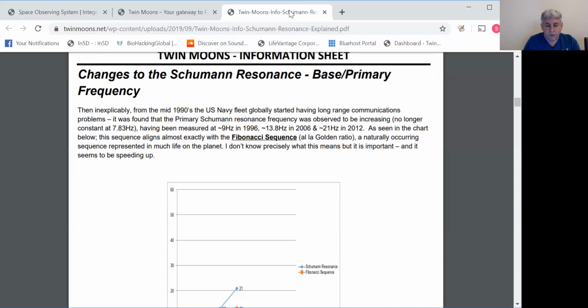But what was being detected with these variations in the Schumann primary frequency was that peaks of 9 hertz were detected in '96. A peak of 13.8 hertz was detected in 2006. And in fact, a peak of 21 hertz was detected in 2012.